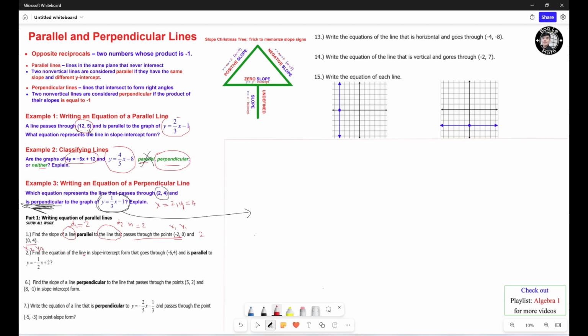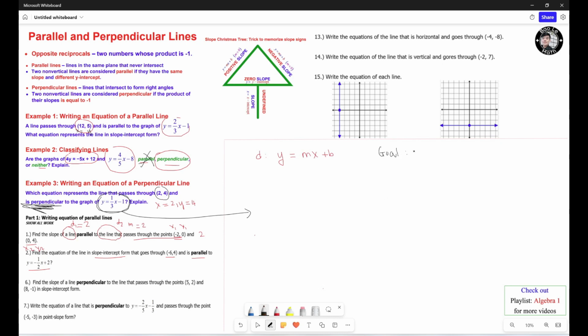Find the equation of the line in slope-intercept form that goes through -6, 4 and is parallel to this line. Alright, so I call the slope-intercept form line D. The slope-intercept form is y equals ms plus b. Now, our goal is the same thing, right?